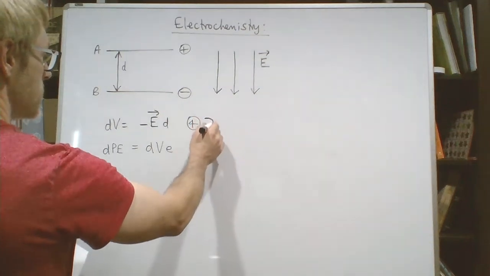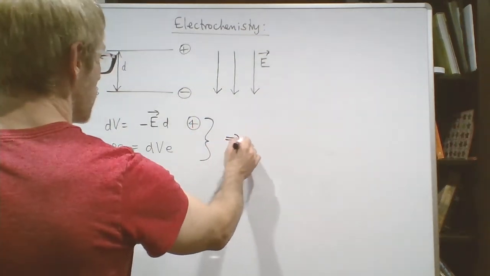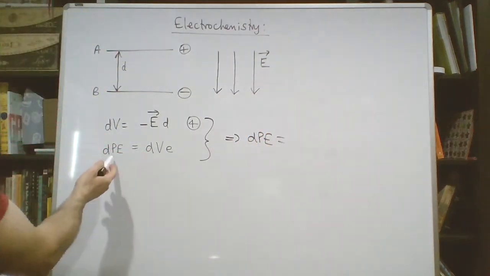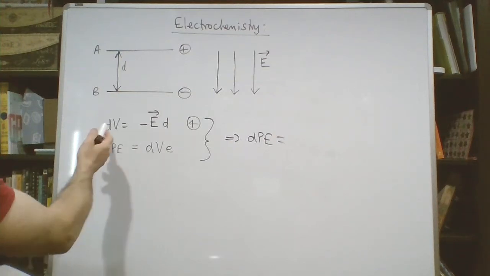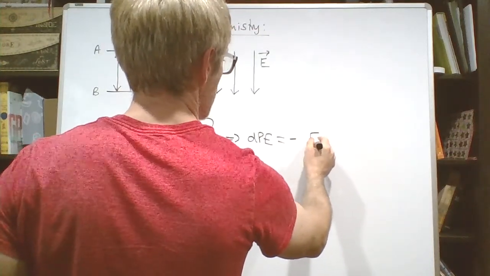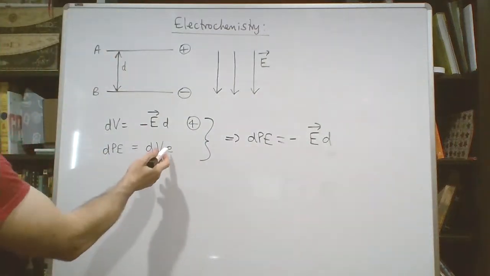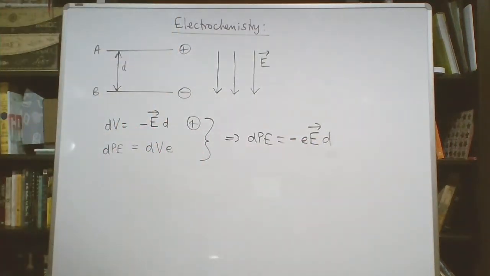If I combine these two, then the change in potential energy is equal to dV, where dV is minus ED, multiplied by E, or I can just stick the E in here. Let's call this equation 5.